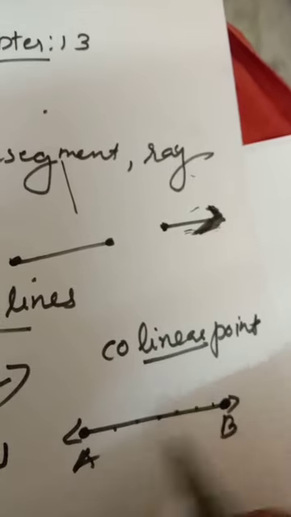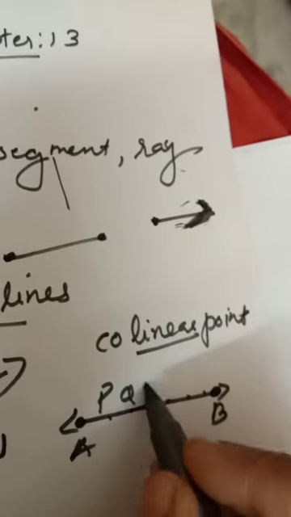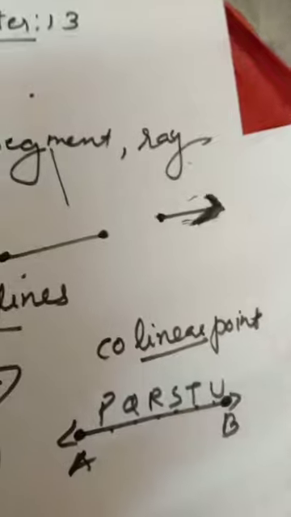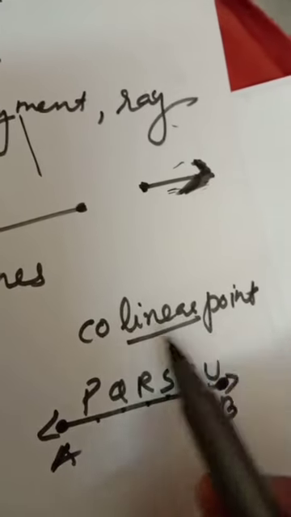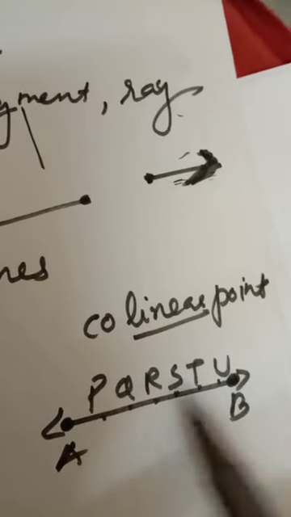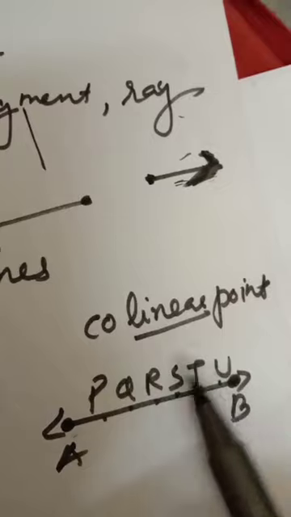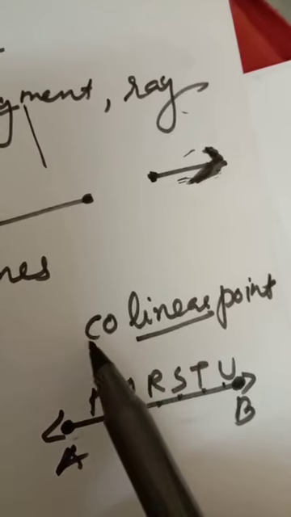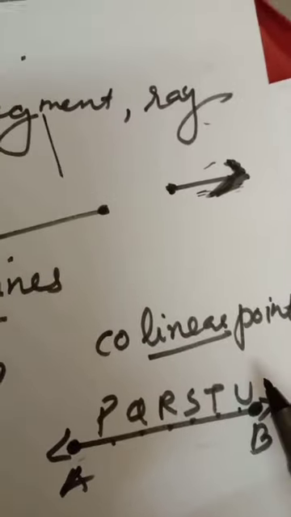See, P, Q, R, S, T, U. See, these points are called collinear points. The points which are lying on the same straight line. One straight line, how many points? Two or more points are there. Those points are called collinear points.